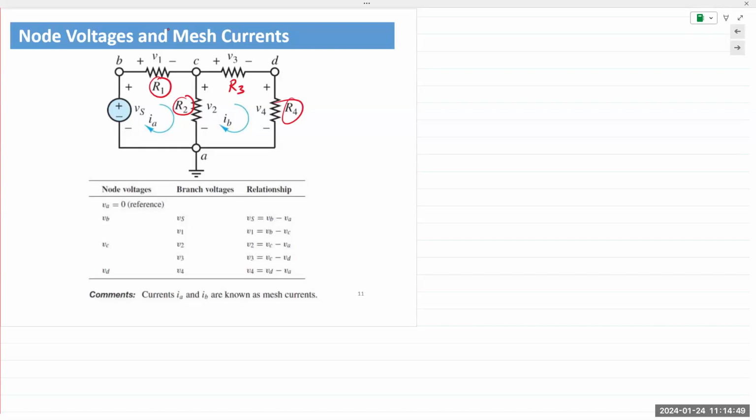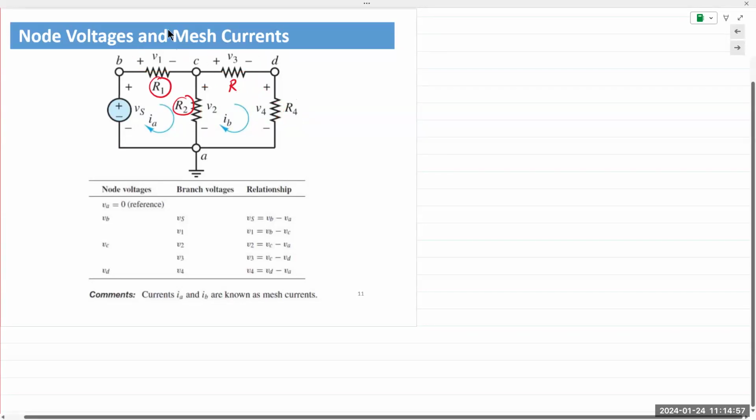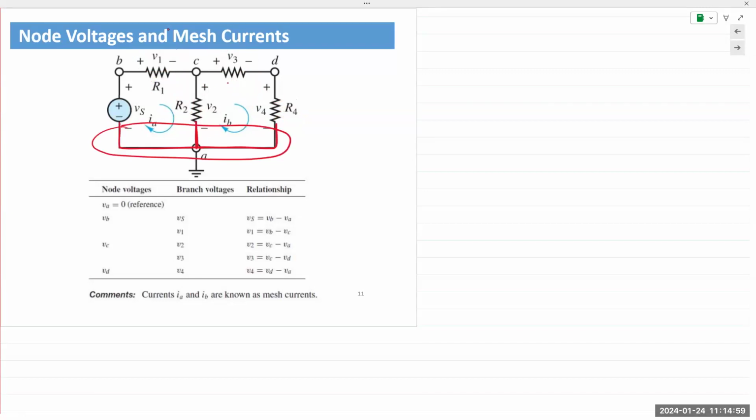That voltage drop is marked as V1, V2, V3, and V4. The polarities of all four are noted. Those are assumptions that we would make at the beginning of our analysis. In this illustration, they're already provided to us.